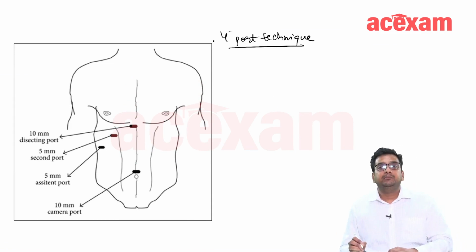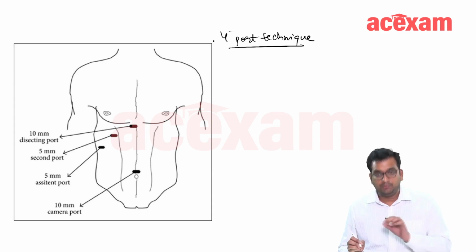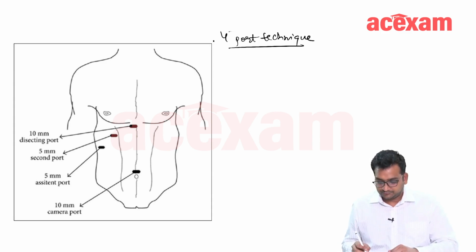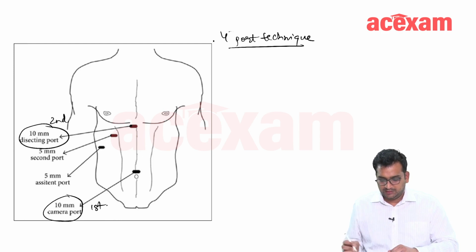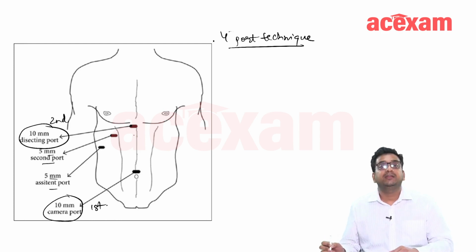Normally, we put 4 ports into the abdomen. This is the first port, that is the 10 mm camera port. Then we put a second port here, the 10 mm dissecting port. These 2 ports are in the midline. Then we put 2 lateral ports, which are 5 mm. So, 2 10 mm central midline ports and 2 5 mm lateral ports.